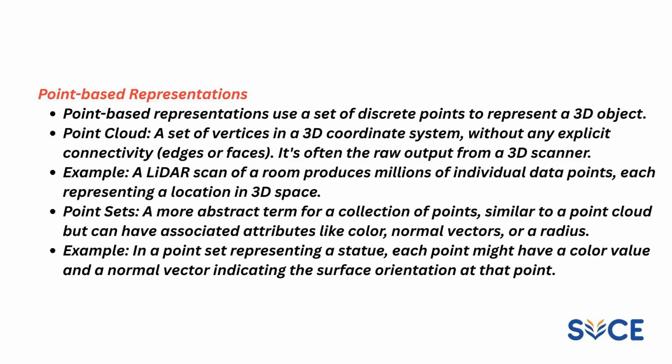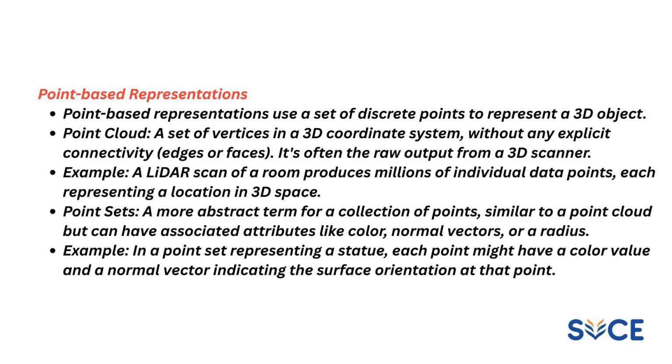These can include RGB or the surface normals, which tell the orientation of the surfaces basically, or even a radius that defines the influence of each point in space. So these make them more powerful for analysis and rendering.